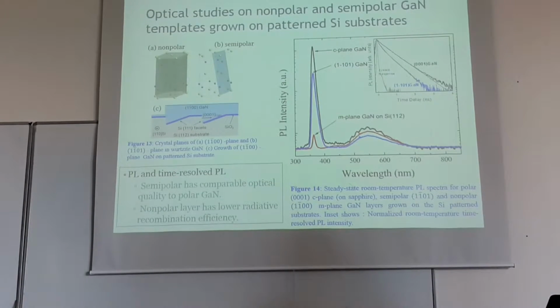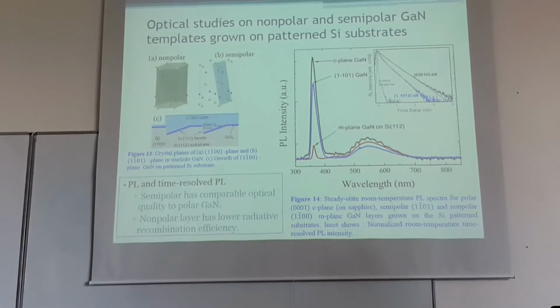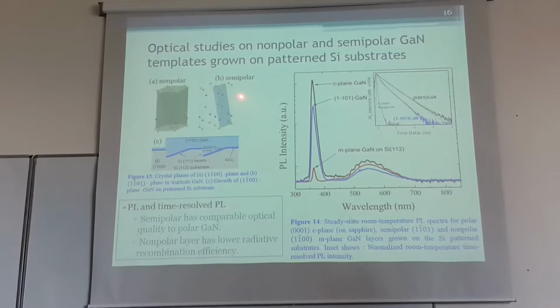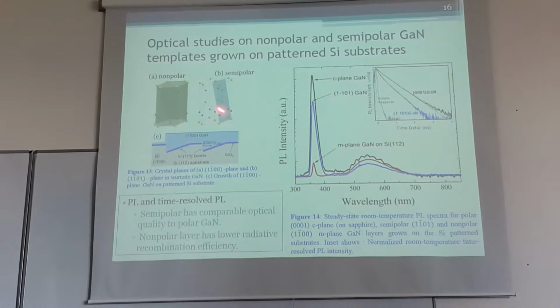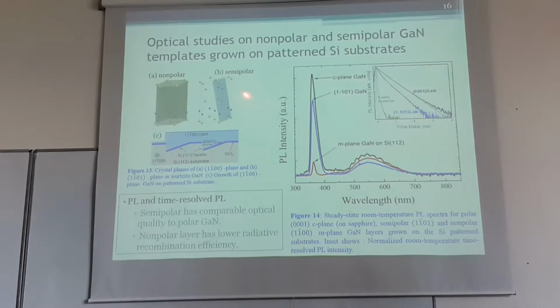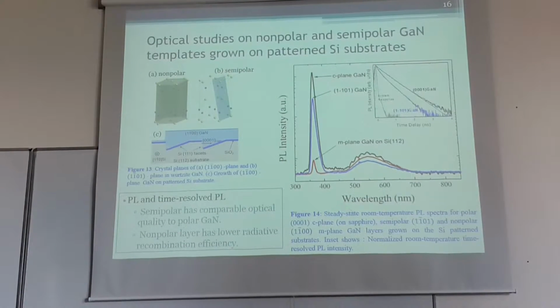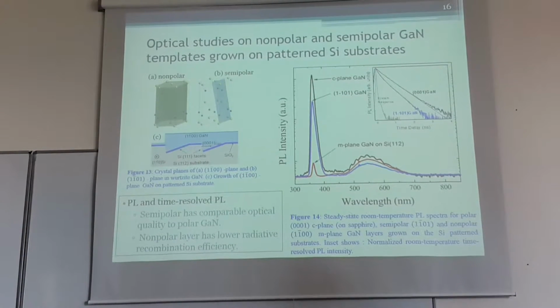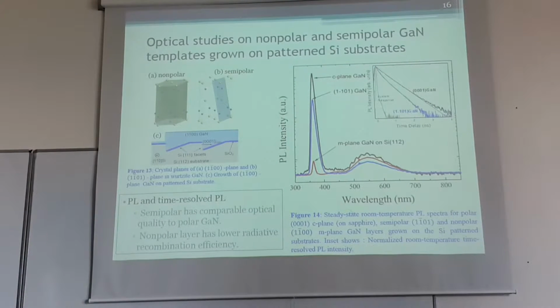In the left-hand side image, you see non-polar and semi-polar directions. This is the one-bar-01 direction, which we used in active regions. This is the process of how we grow semi-polar LEDs.